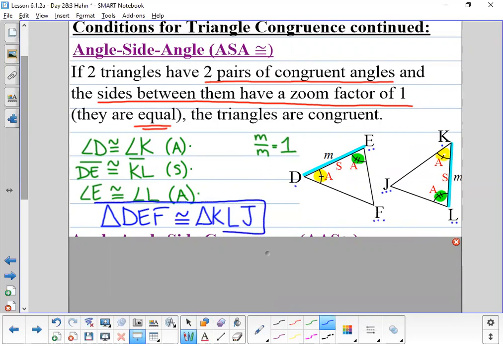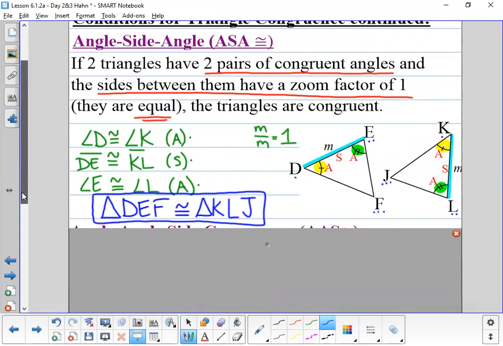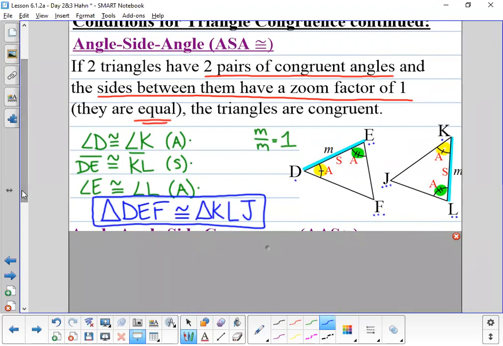And again, the congruence statements are very handy because not only do they tell you that these two triangles are congruent, but they also tell you which angles correspond to each other by what order they're written in. And that also tells you which sides go together or correspond with each other. Angle, side, angle, congruence.